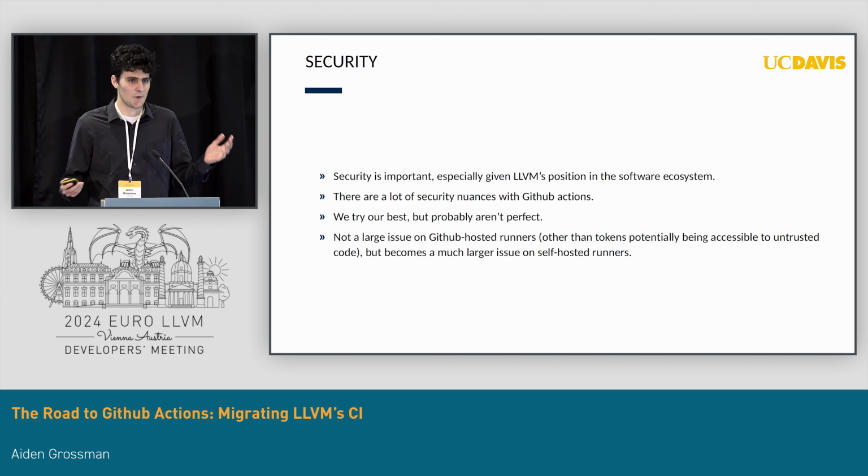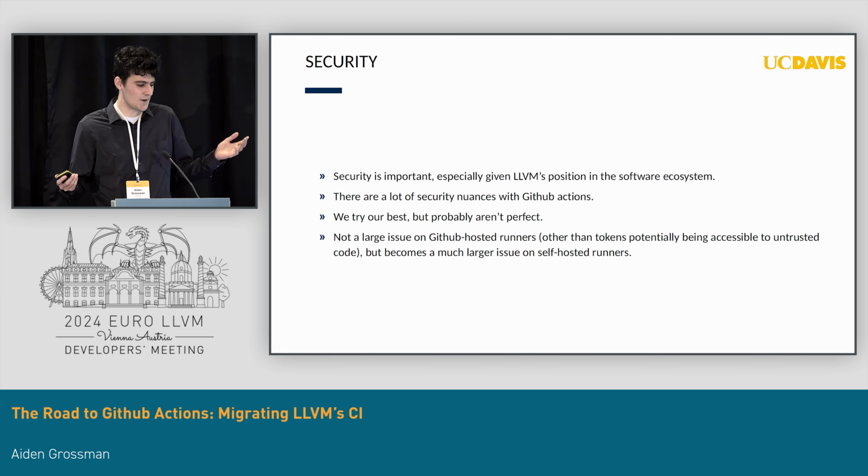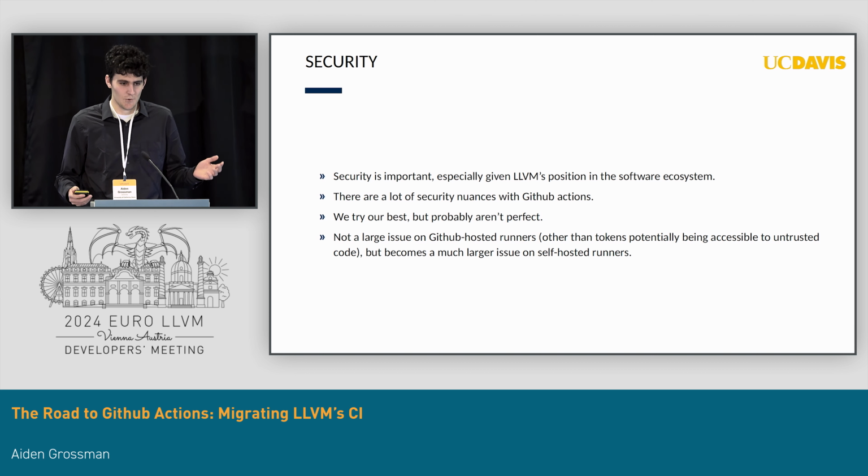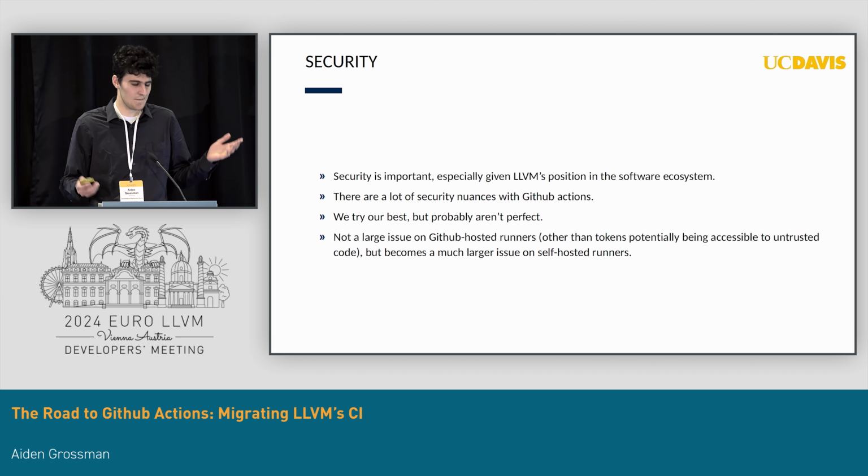We try our best, but we aren't perfect. No one is working on the LLVM CI full-time as a DevOps or security person. It's mostly people interested in compilers doing it in their spare time. So we try to follow the best practices, but there's probably some lapses somewhere.